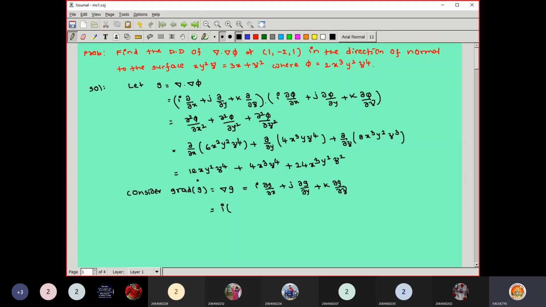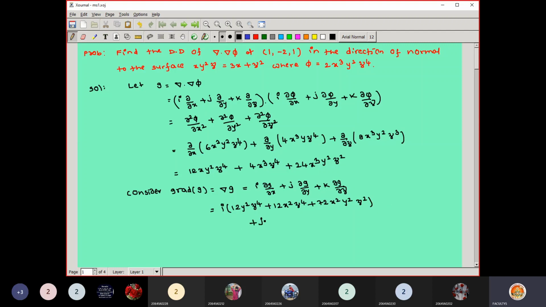So we get 12 y square z power 4, plus 12 x square z power 4, plus 72 x square y square z square. This is about only i.